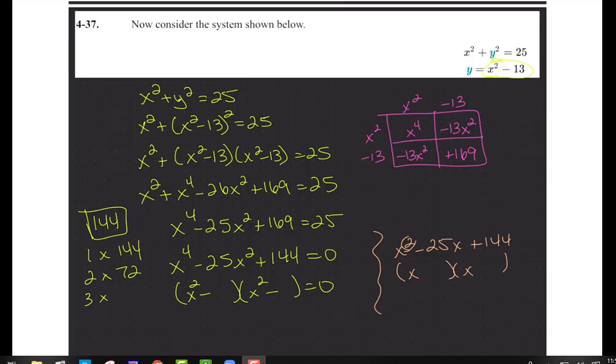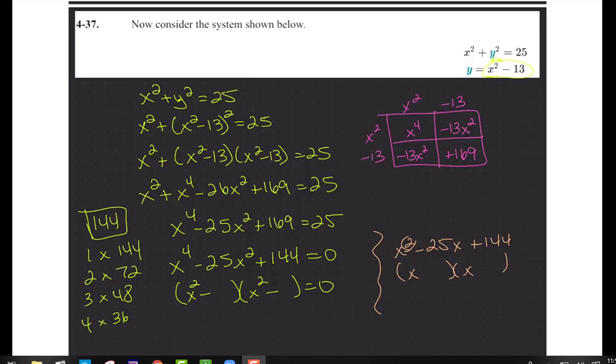What do you get? 48. Does that get us to 25? No. Does 4 go into it? Yeah. What's 4? 36. Is that gonna get us to 25? No.